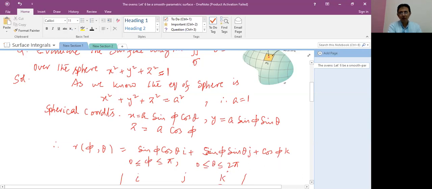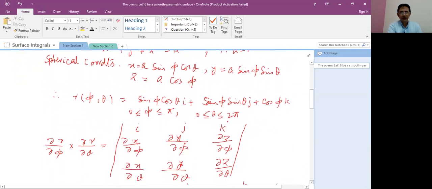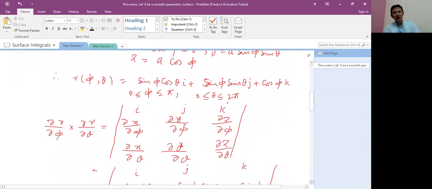For the spherical coordinates, the limit of phi is 0 to pi, and the limit of theta is 0 to 2pi. After that, students, we will find ∂r/∂phi × ∂r/∂theta.